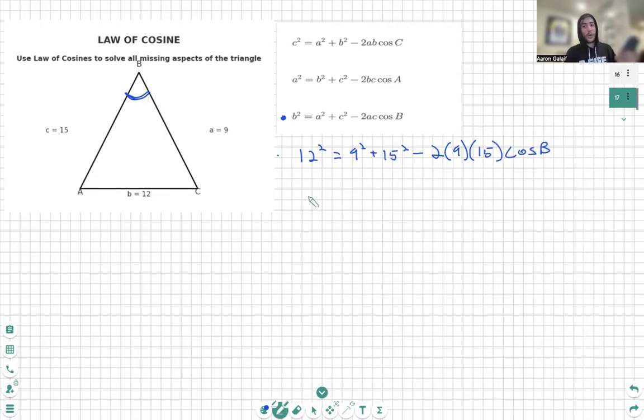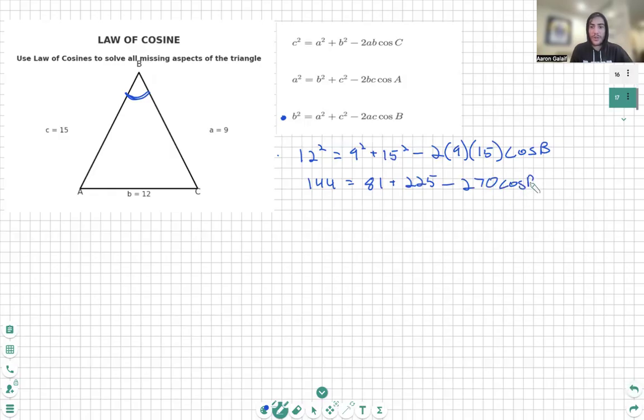All right, so we're going to need a calculator, and we're going to slowly start doing some math out. We have 144, 81, because 9 times 9 is 81. 15 squared is 225. And then we're going to have 2 times 9 times 15. That is going to be 270 cosine of B.